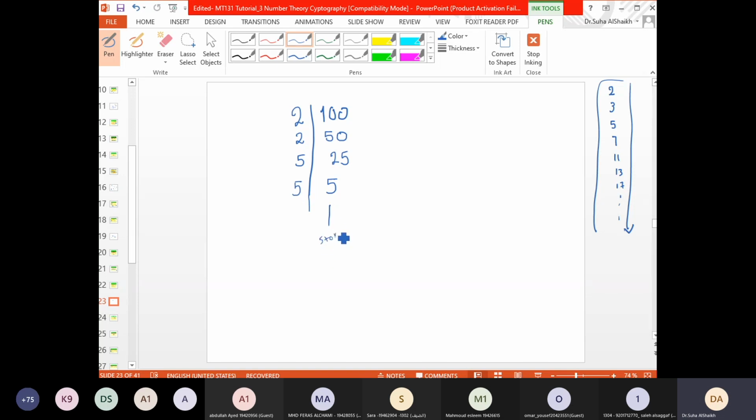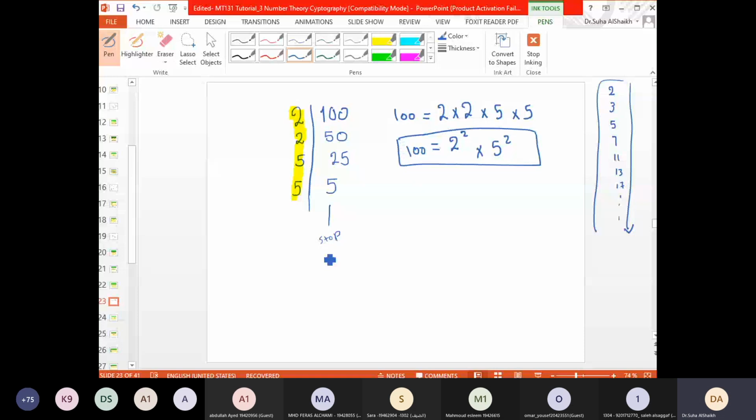I stop here since I get 1. Done. See the numbers here? This is the prime factorization. I have 2 times 2 times 5 times 5, which equals 100. I can write it as 2 to the power 2, I'm sorry, multiplied by 5 to the power 2. And this is what we call the prime factorization of a number.